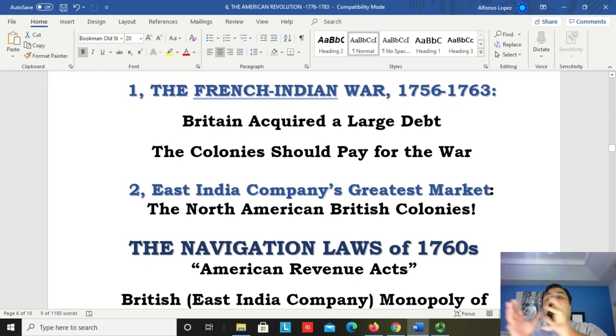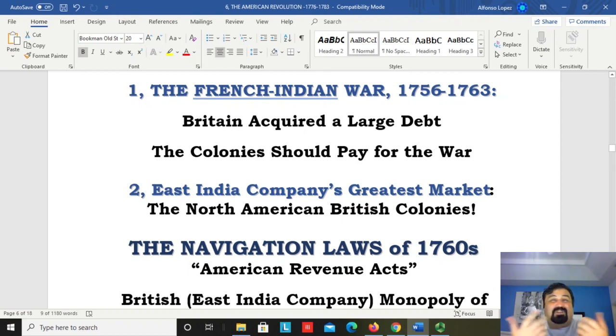That system had to now be implemented in North America, again, to benefit the East India Company, just the way that East India Company was the company that was given the trade monopoly in India. So all of the rules of trade were implemented there to make sure that India was only trading with East India Company.